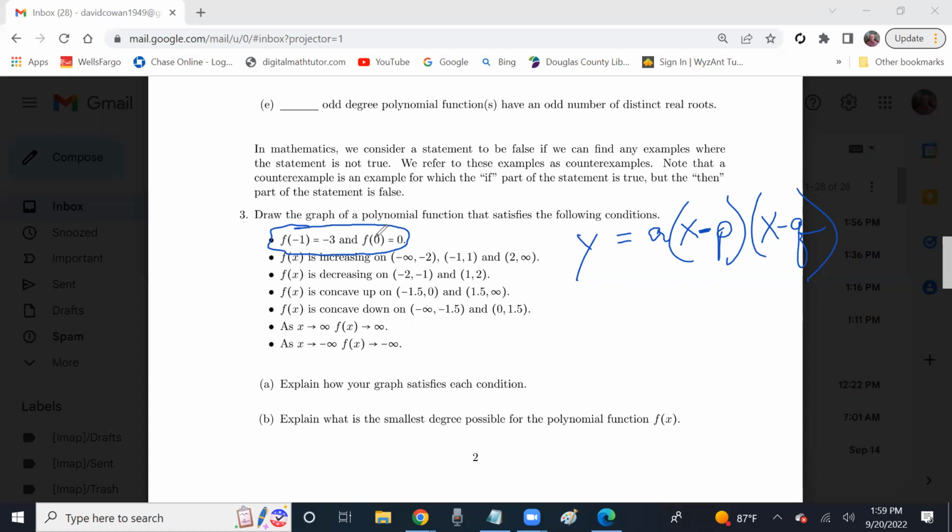And if I apply this condition there, which says when X is -1, Y is -3, and then the other condition is when X is 0, Y is 0.